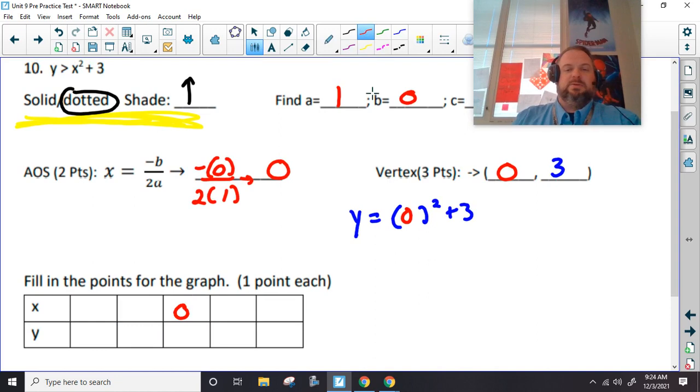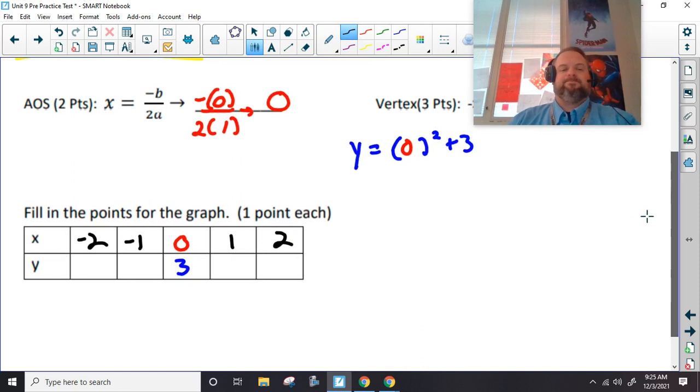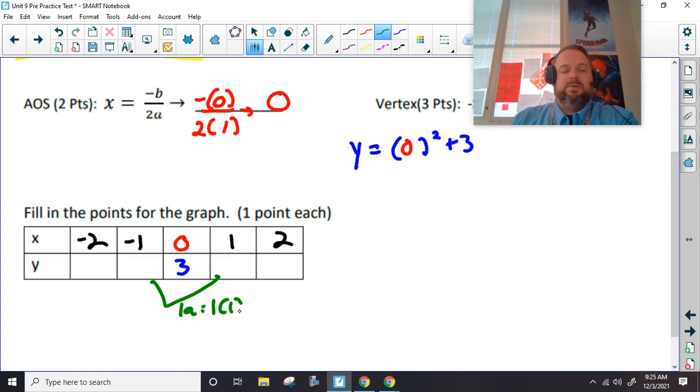So, a 0 goes here, a 3 goes here. This should go 1 and 2. This should go -1, -2. All right. So, we do our ratio. Well, 1 times 1 is 1. So, what is 3 plus 1? 4.